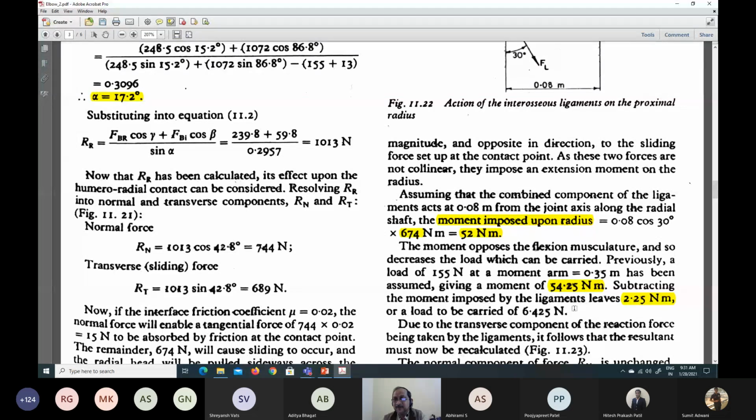If we divide it by the moment arm, the load comes out to be 6.425 Newton. So when we consider the ligamentous system in action, it results in less weight being carried by the radius. Effectively, the radius is now carrying 6.425 Newton because we have an extra ligamentous force that is stabilizing the joint.